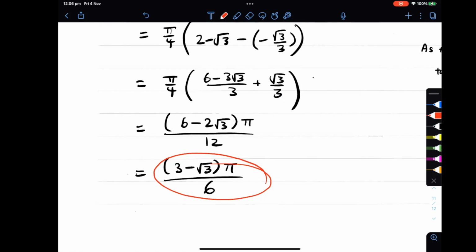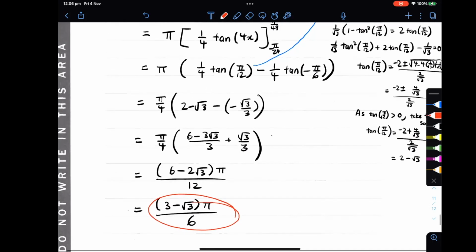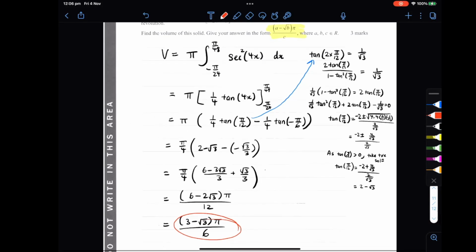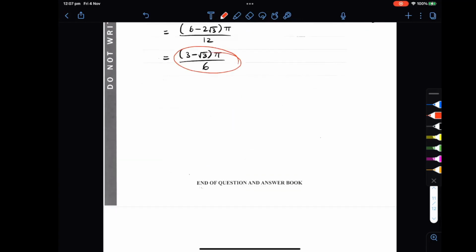Hopefully that's right. Hopefully I haven't stuffed up anything. But it looks like that's in the correct form there. Yeah, I will trust this answer. It looks fine.